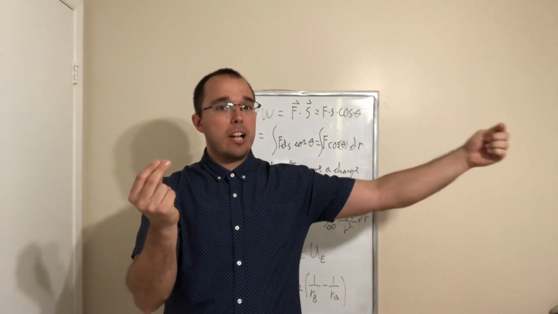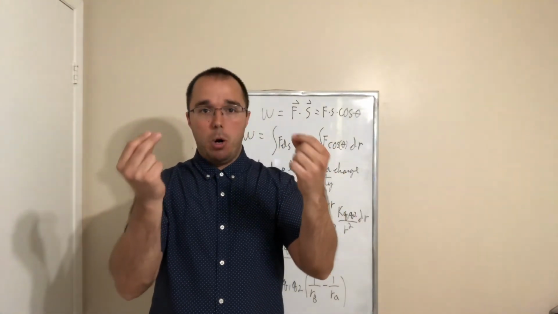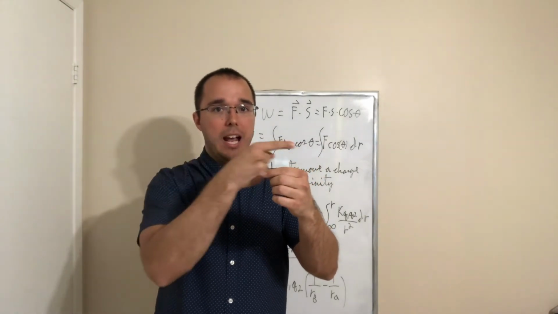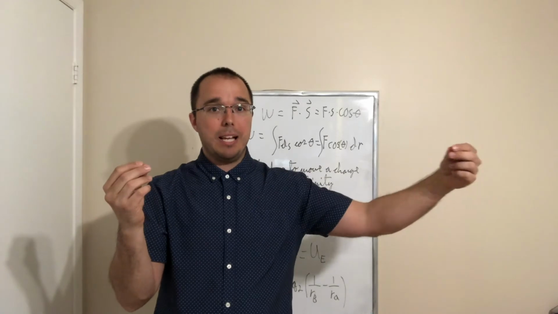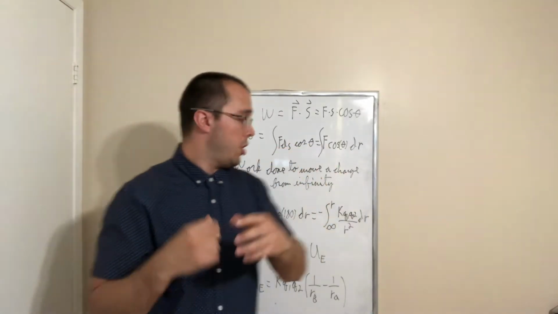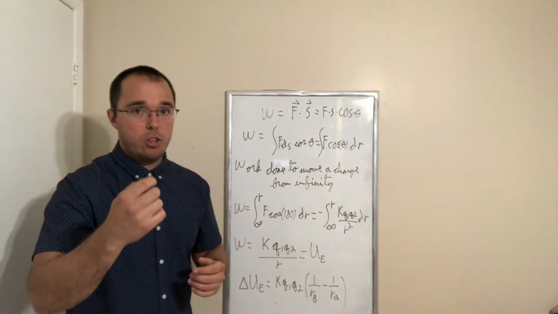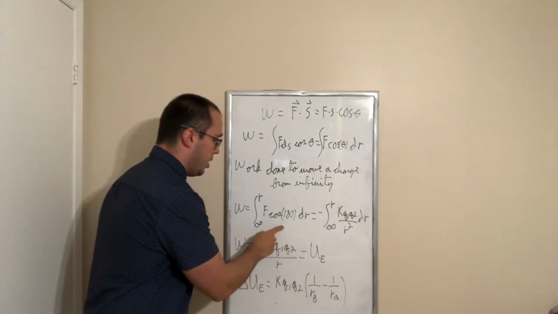While you are bringing that charge in, the force pushes in one direction and the displacement goes in the opposite direction, so the angle between the displacement and the force is 180 degrees.